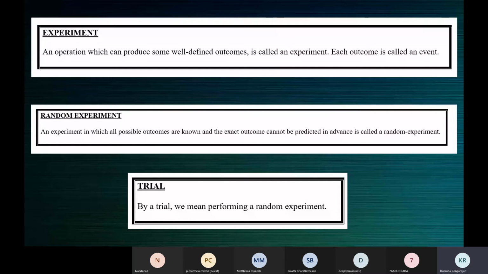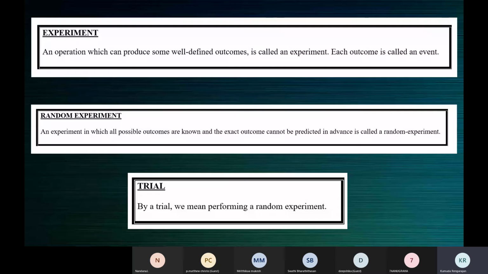You don't know which of these 6 numbers will happen, but you know that one of these 6 numbers only will happen.